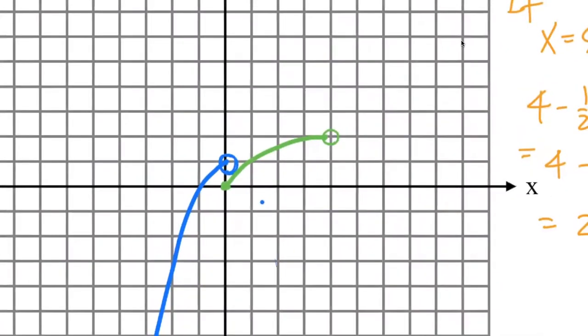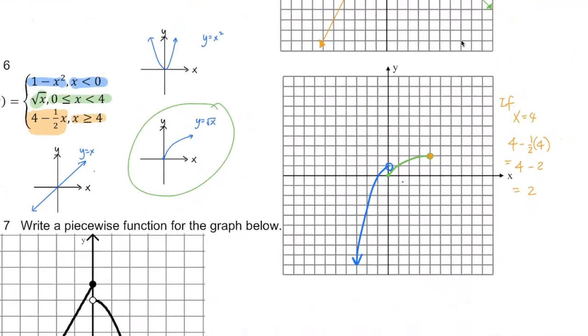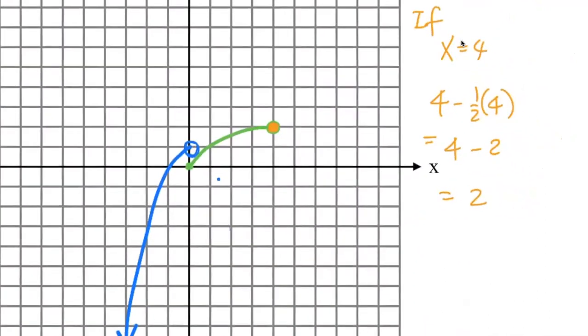Oh, it's actually the same point, (4, 2). So to show it better, I'm going to close the circle inside the green open circle. Hey, it's a continuous graph because it connects with the previous piece. And then what's the slope? -1/2, so it's not very steep. It should be something like this, pointing down.